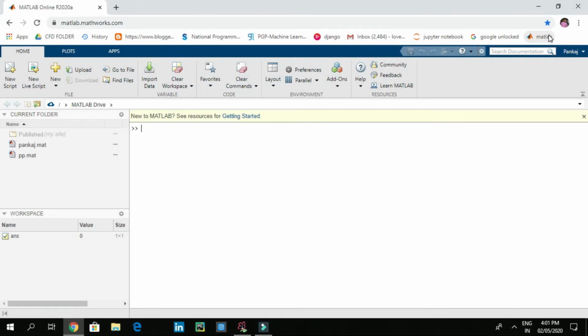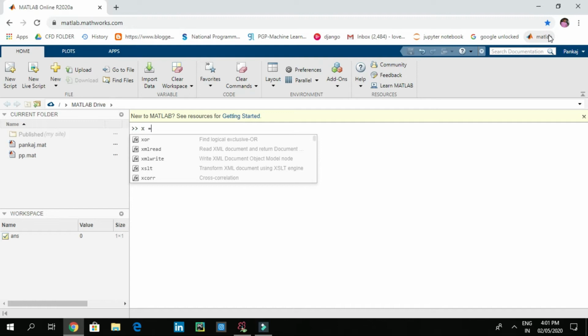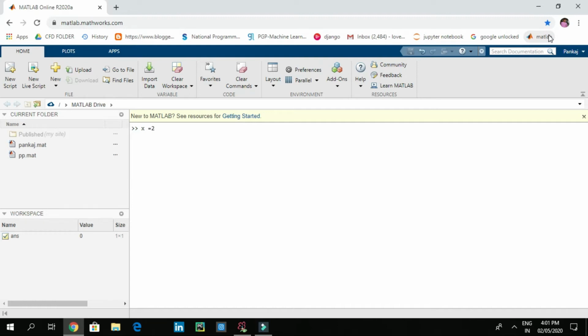So let's assign x equal to 2 and y equal to 3. Let's compare them. Let's try x equal to y.